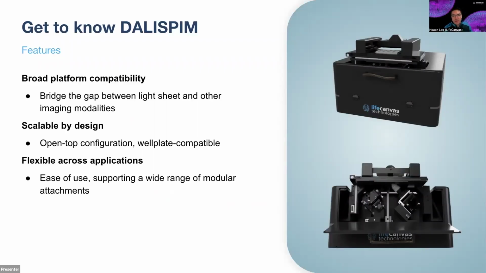But on the DALI SPIM, imagine that you can image the whole volumetric data at a lower resolution, and then immediately move this cover slip bottom well plate to another inverted confocal microscope for higher resolution imaging up to 60x or even 100x, which is a resolution that is not feasible on any light sheet microscope so far.